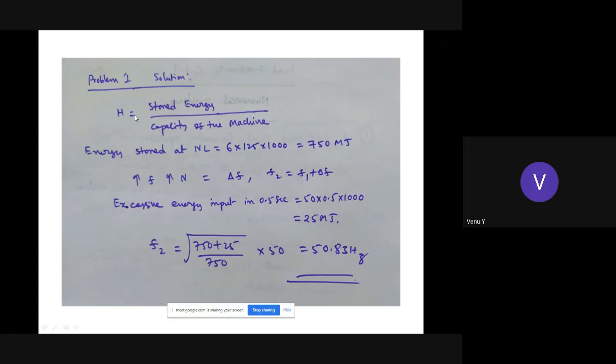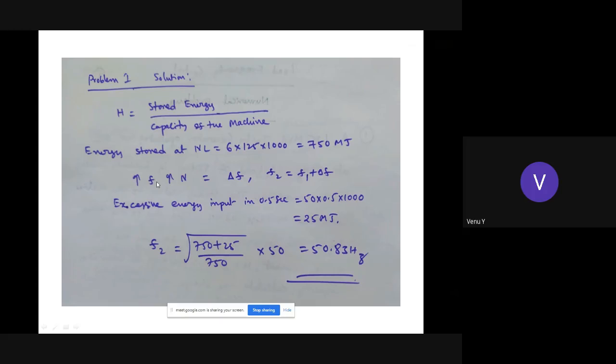In this solution, H is equal to stored energy divided by capacity of the machine. Capacity is nothing but the full load rating of the machine, 125. H is 6. So therefore, stored energy at no load equals 6 into 125 into 1000, 750 megajoules, at rated speed.